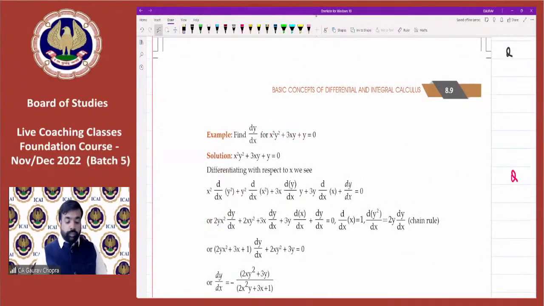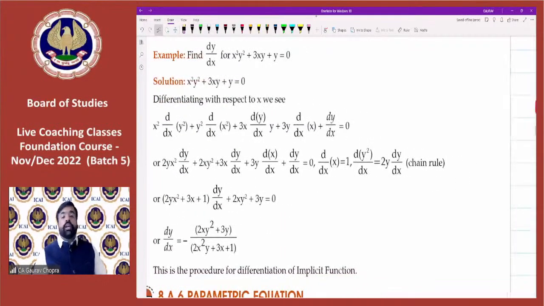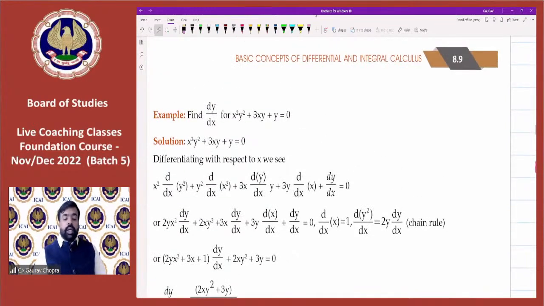Now this is the question. Find dy by dx for x square multiplied by y square plus 3xy plus y is equal to 0. So now, let's solve them separately first, because solving this complete question might be difficult for some of you.